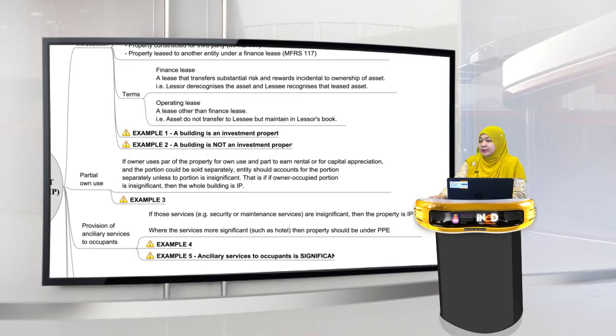So coming back to the example I used just now, if we have a building of 5 floors and we occupy the first floor, whereas the second, third, fourth and fifth floors we rent out to other people, or sell to other people, then we can say that the owner-occupied portion is insignificant and the whole building is investment property, right? So we look at example number 3.